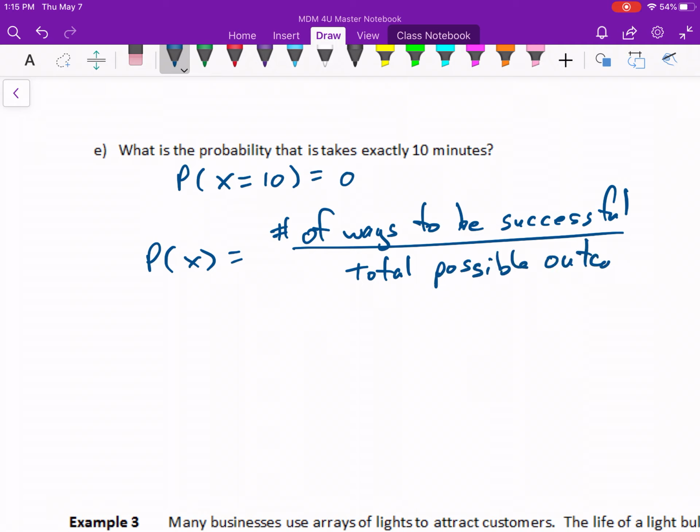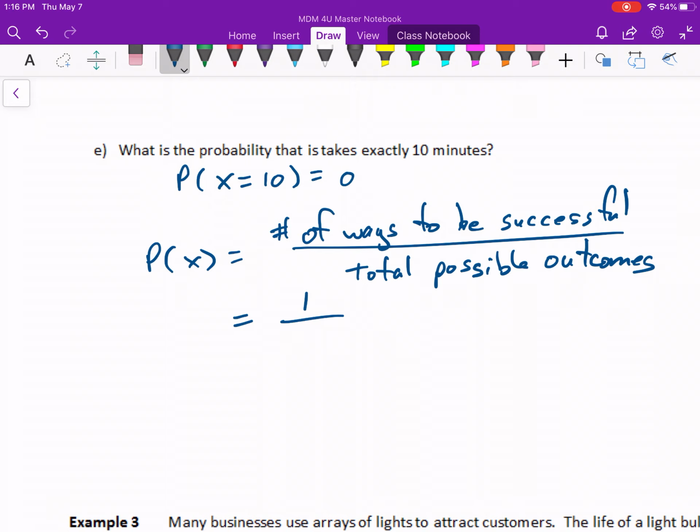Well, obviously, yes, it could take him exactly 10 minutes to change a tire. So there's one way of doing that. But how many possible outcomes are there? This is where it gets interesting.